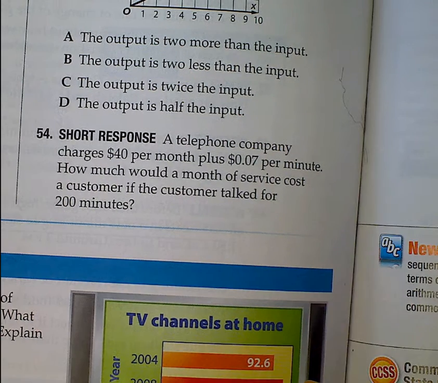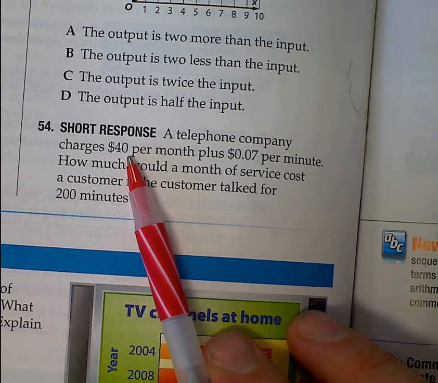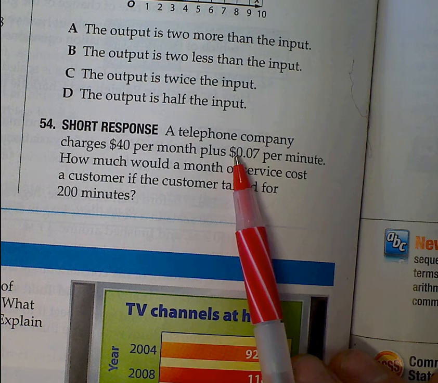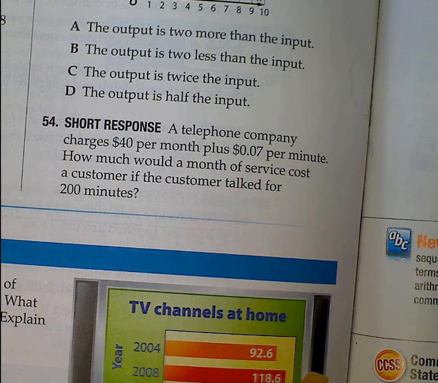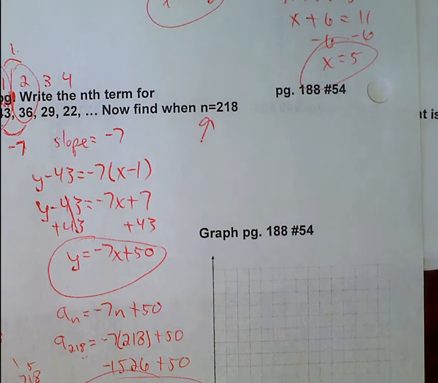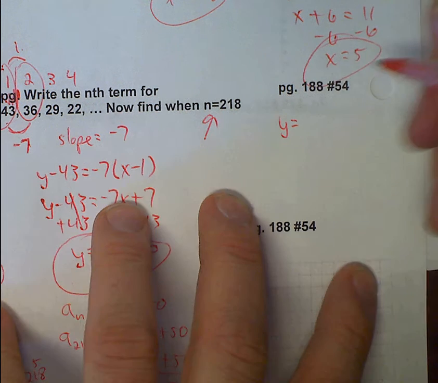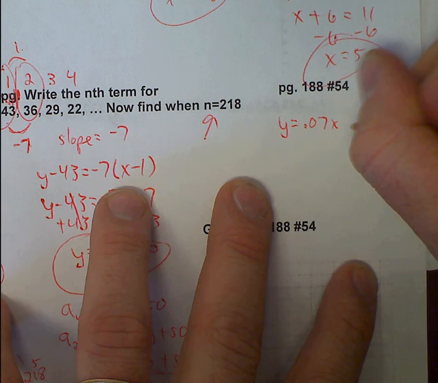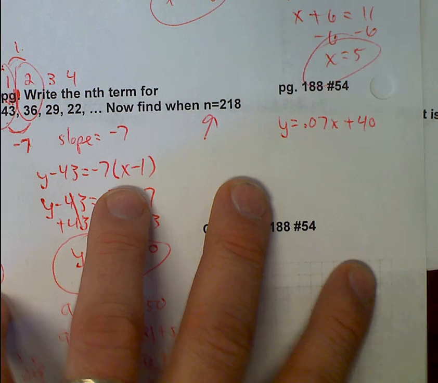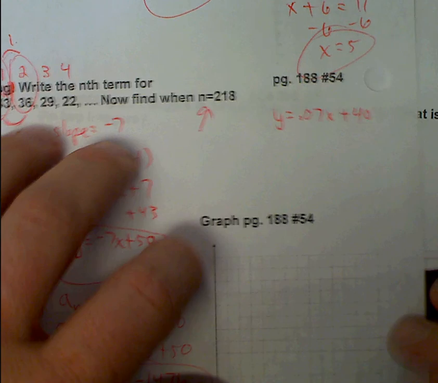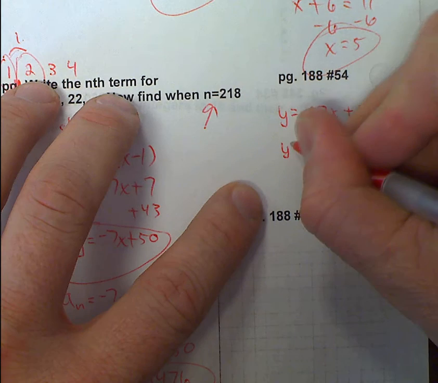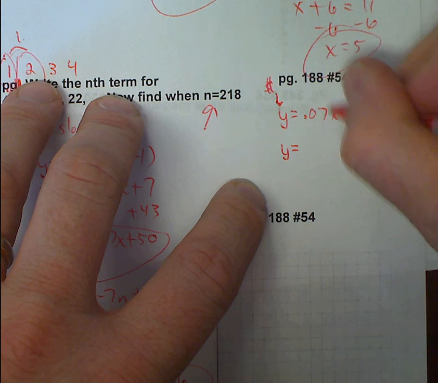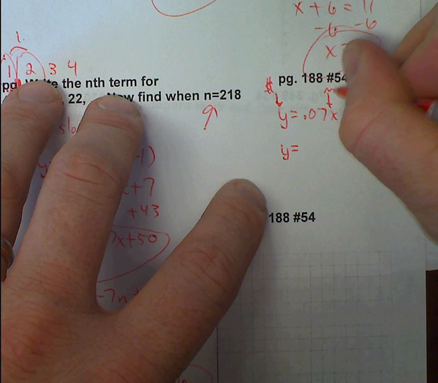So if I pay this for 1 month, this would have to be what I start with. I pay $40 plus 7 cents per minute. That's my slope. So y equals 0.07x plus 40. My y stands for cost, that's my money. My x stands for minutes.